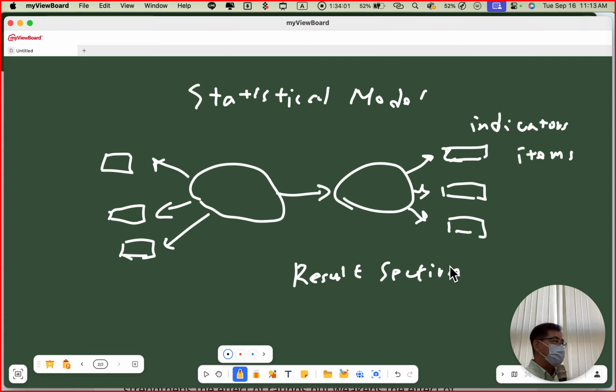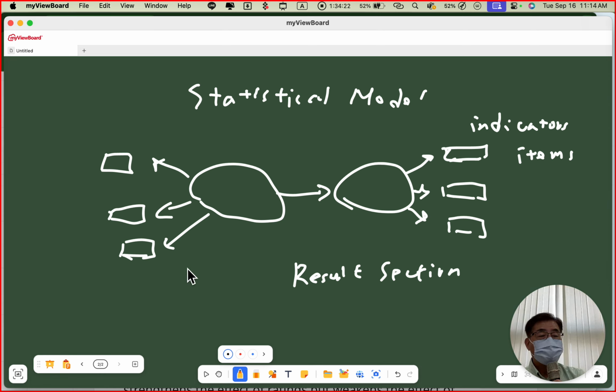Do you have an idea why I try to distinguish the difference between conceptual framework and statistical model? Two different concepts, two different phases. In the result section, we have to report a statistical model. For this kind of model, we can use software like Smart PLS.